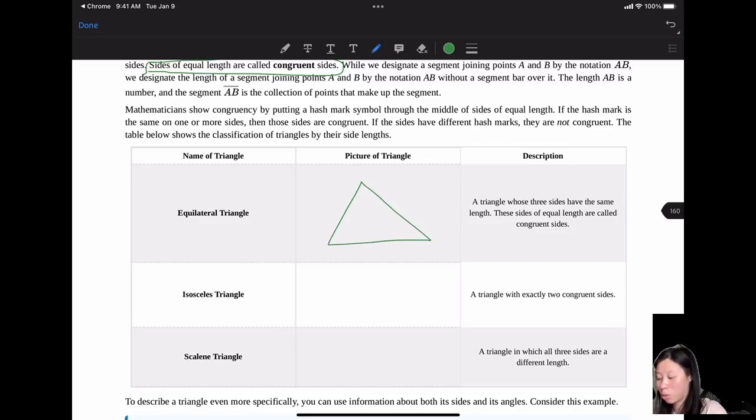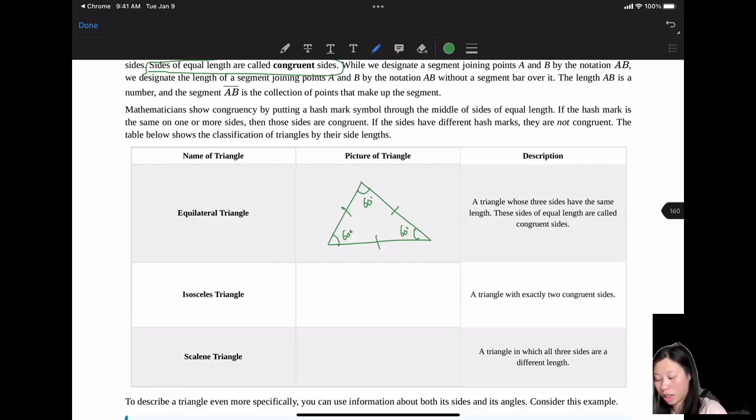These sides of equal lengths are called congruent sides. So that means the lengths of these three sides are equal to each other. An equilateral triangle has nothing to do with angles, but actually for an equilateral triangle, every interior angle is going to be equal as well, 60 degrees.